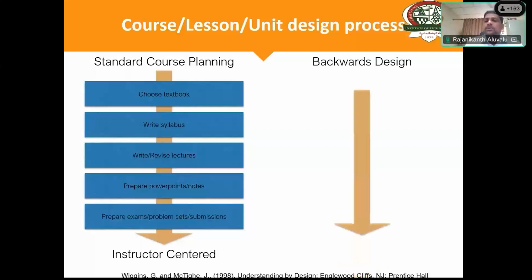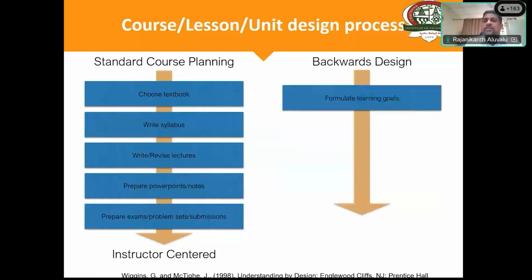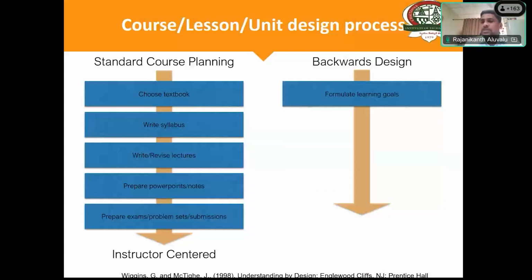So what happens in the backwards design? First, formulate the learning goals. Say, for example, if I am going to offer an artificial intelligence course, first we need to formulate the learning goals. We already have the program outcomes and the program specific outcomes. So first, write the learning goals, the outcomes here, I say.